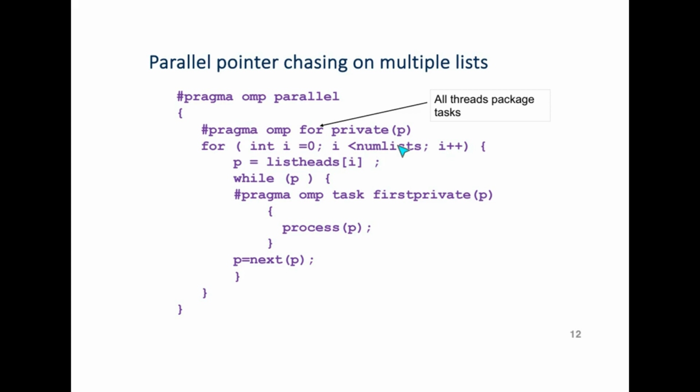So different threads are going to traverse different lists and generate these tasks. So instead of just having one thread packaging tasks and the others executing them, we now have all the threads in the parallel region both generating and executing in some order.